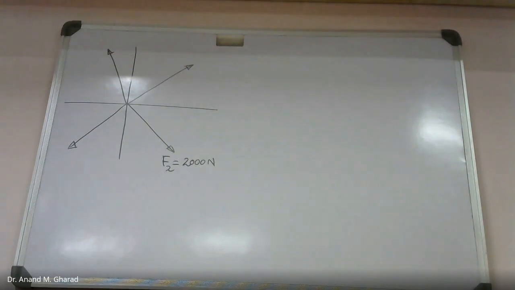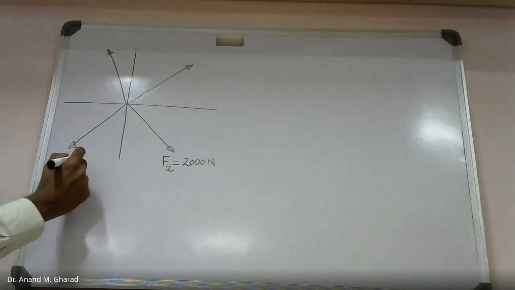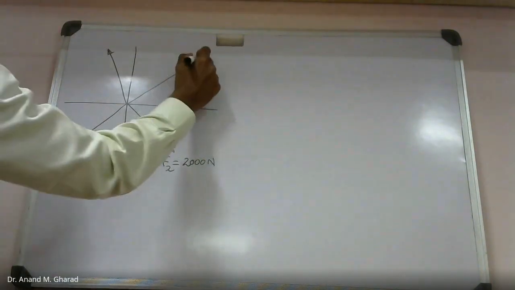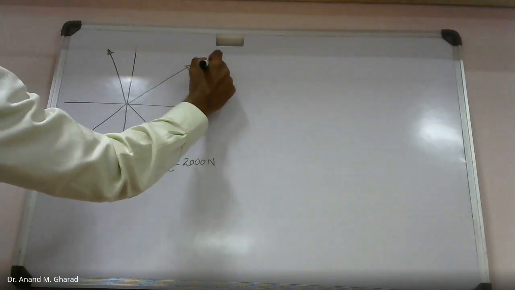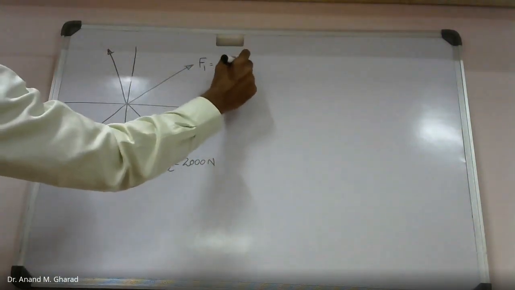Newton. This force is F2. This is F4. Magnitude is 1000 Newton. This is F1 force. This magnitude is 780 Newton.